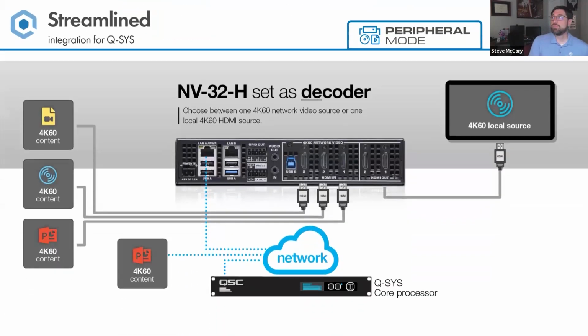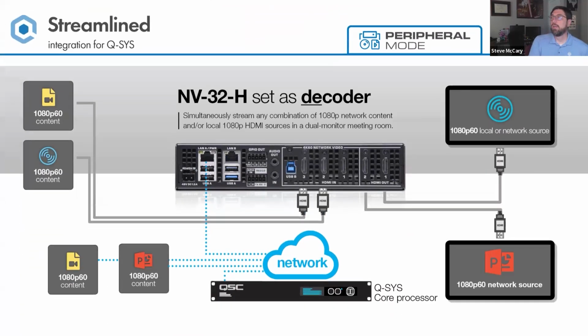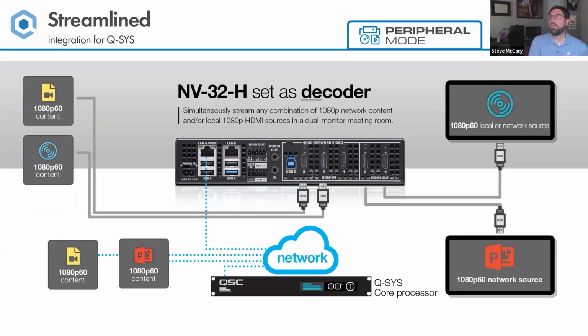We can also still use our local inputs while we're set as a decoder, so we can have three different inputs coming in and still use our one 4K output. Same thing when we're decoding 1080: we can still do two 1080p streams coming in, as well as some local switching if we need it.